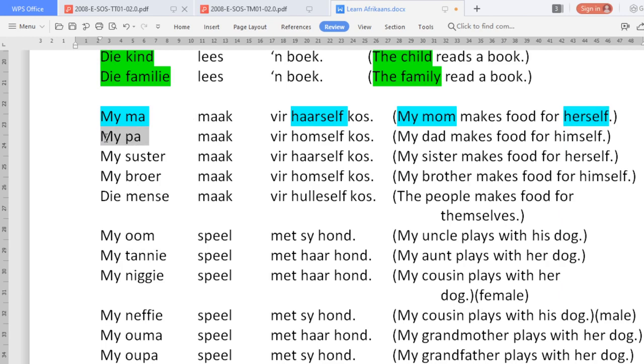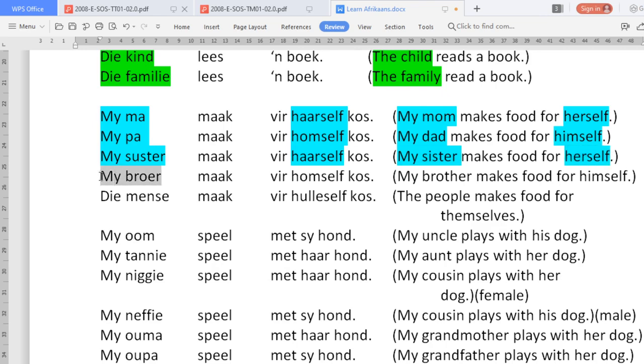My pa maak vir homself kos. My dad makes food for himself. My suster maak vir haarself kos. My sister makes food for herself.